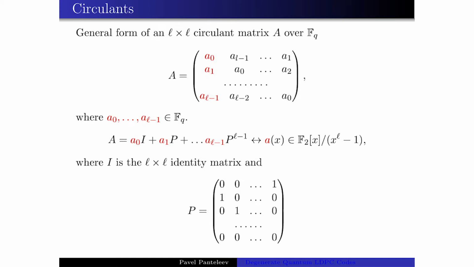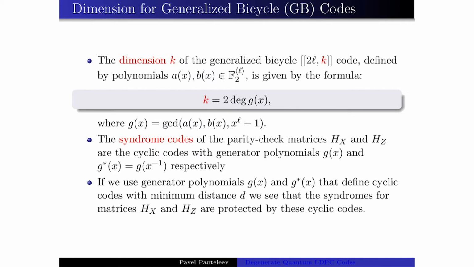So here you can see the formula. And we use this approach in order to find a nice dimension formula for these generalized bicycle codes. It's very simple. It's just 2 times the degree of g(x), and this g(x) also plays a very important role in designing these codes.